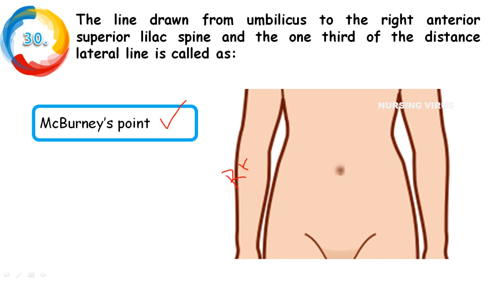So what they have given is that the line will be drawn from the umbilicus to the right anterior superior iliac spine. So this is the iliac spine area. So from the umbilicus to the right anterior superior iliac spine we draw a straight line and take 1/3 of the distance lateral.